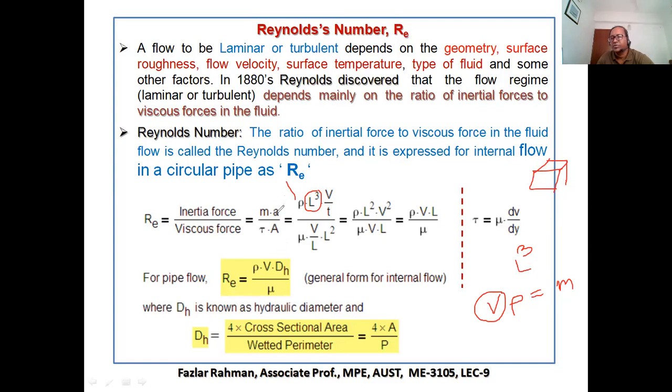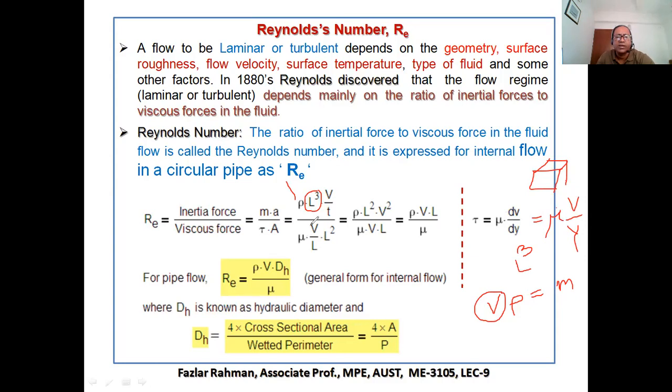What is the acceleration? It is the change of velocity with respect to time, right? So I can say V by t equals acceleration. And what is tau? Tau equals mu dv by dy, or we can say mu V divided by y, where y means the distance between the upper plate and the lower plate, from the law of viscosity.